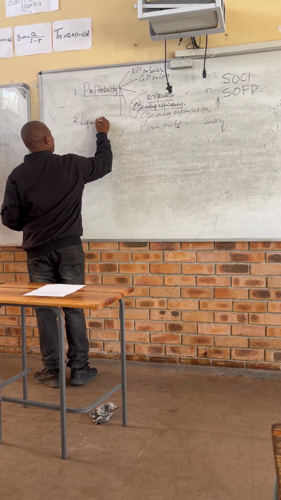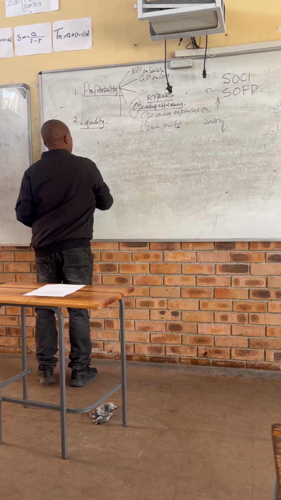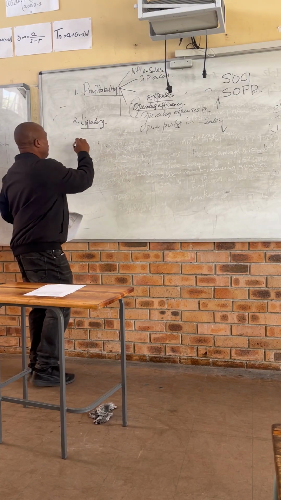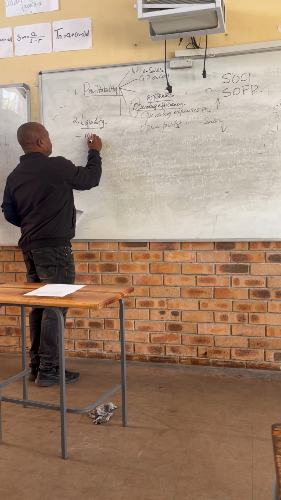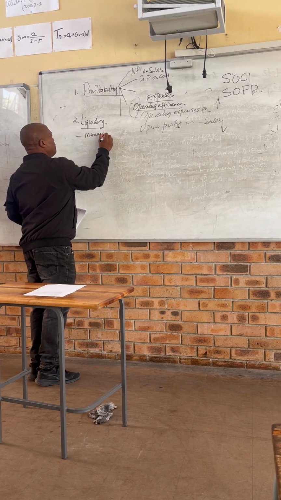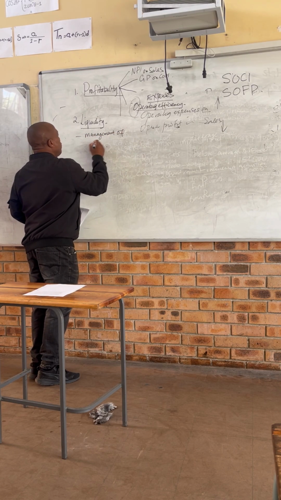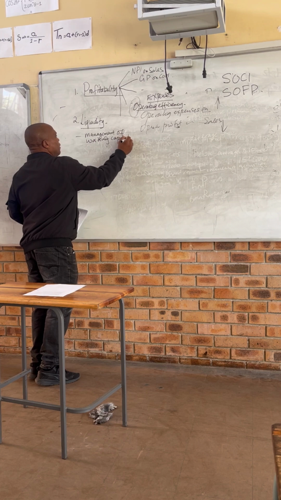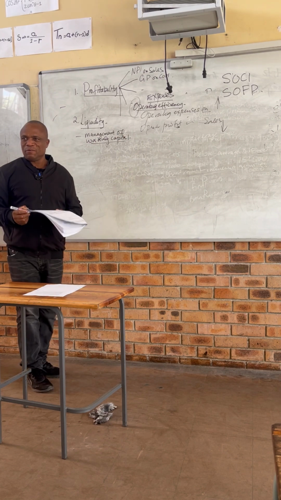of the business. What is liquidity? Liquidity is how the business manages working capital. So liquidity is about management of working capital. What is working capital?